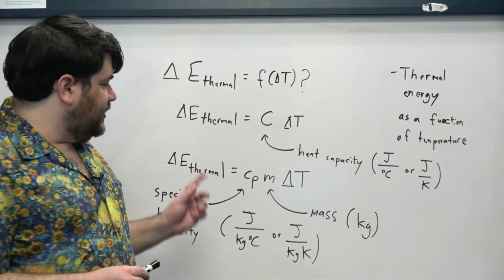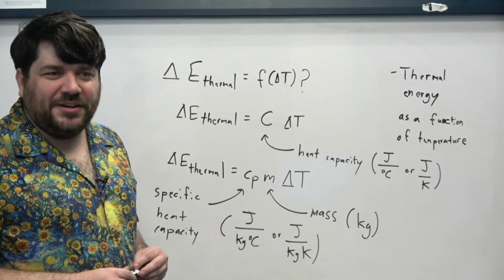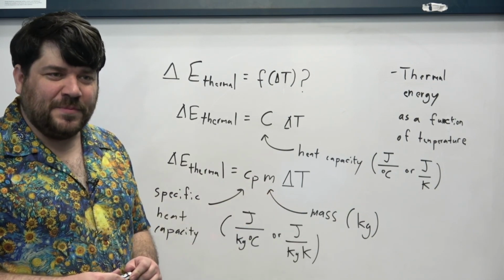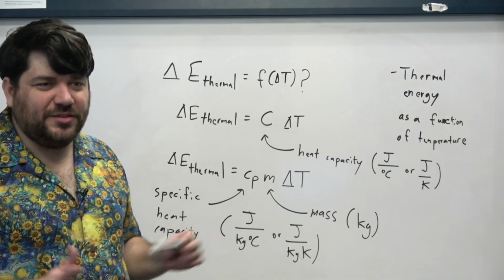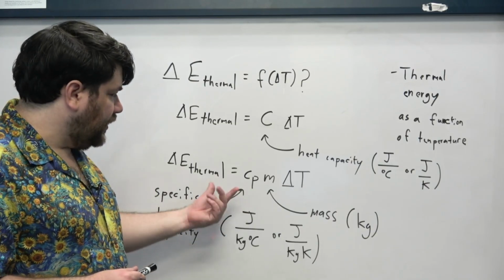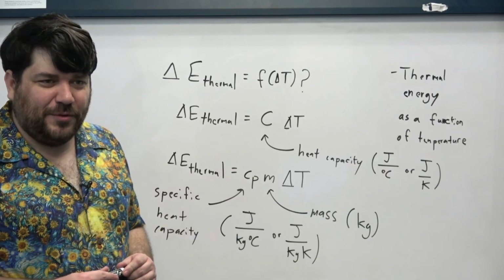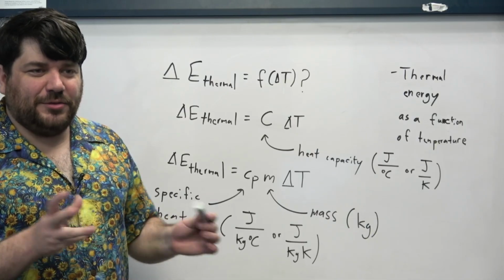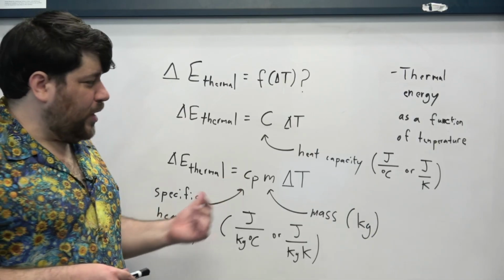So whenever we see this equation, we have a pretty good understanding of what the mass of an object is. We have a pretty good understanding of what the delta T is. We can derive what the mass of an object is by its volume and its density or its molecular mass or whatever. But we don't really have a good argument for what the specific heat capacity is as a function of fundamental physical things that are properties of the system.